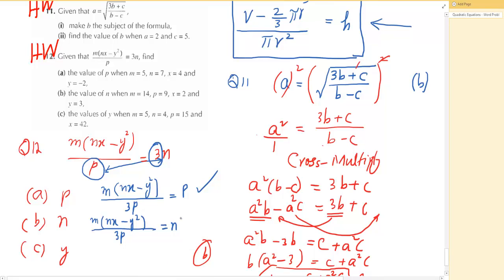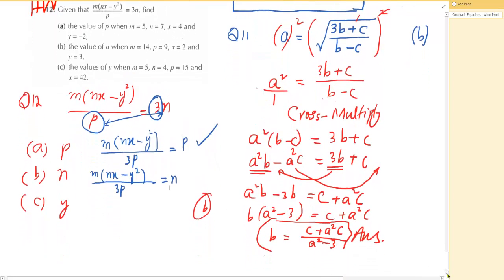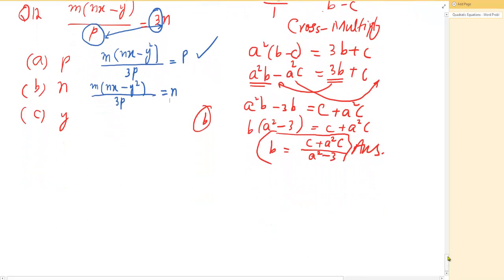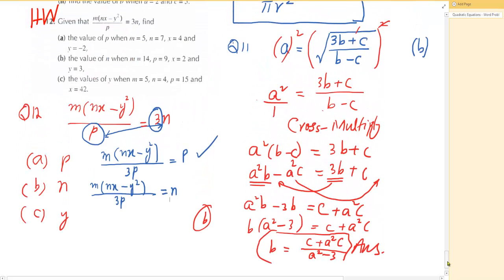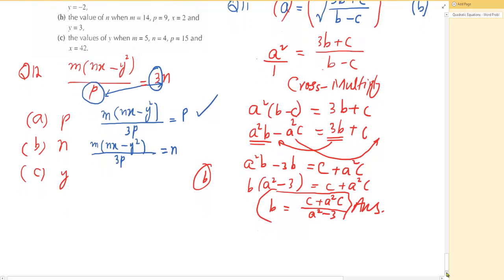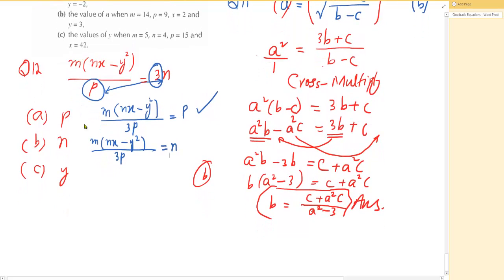In the third part, we have to cross multiply. We have to properly cross multiply because we have to make y the subject of the formula. Okay, students, just cross multiply. It will be 3np. We have to make y the subject of the formula.